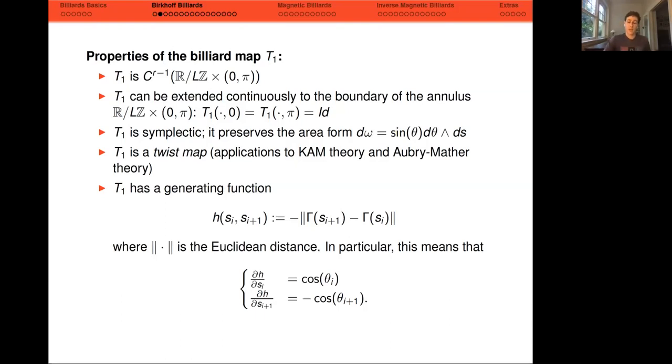When this map is a twist map, it also means that it has a unique generating function up to an additive constant. And our generating function here is going to be the negative Euclidean length between successive collisions with the boundary. So gamma of s_(i+1) minus gamma of s_i, that's just the Euclidean length of the distance the billiard traveled between reflection points.